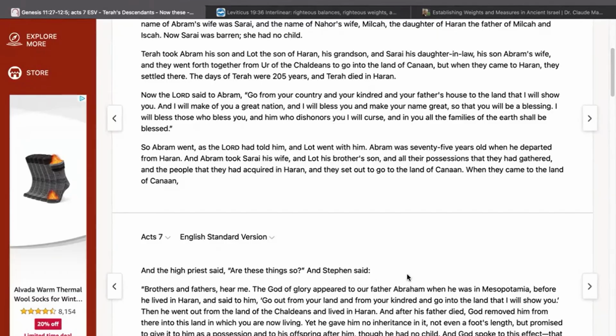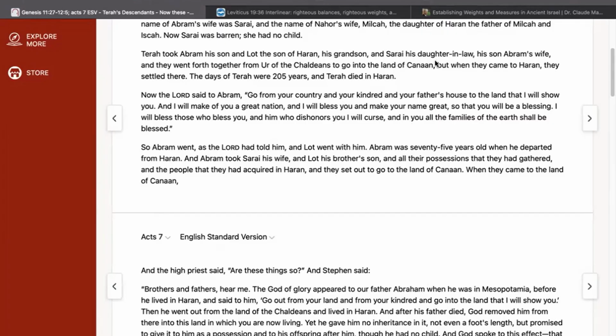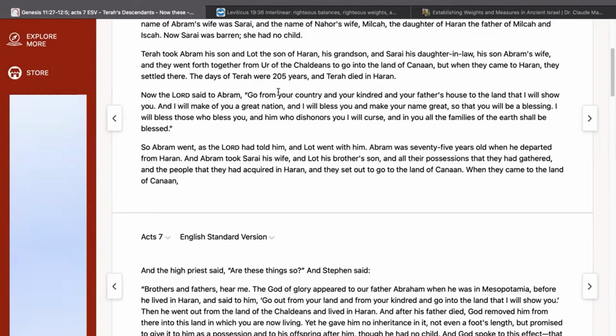Now, if Stephen is correct, and he's saying that God appeared to Abraham when he was in Mesopotamia, in Ur of the Chaldeans, right? That means that maybe Abram started to move, and Terah was like, well, hey, if you're going, we're going.